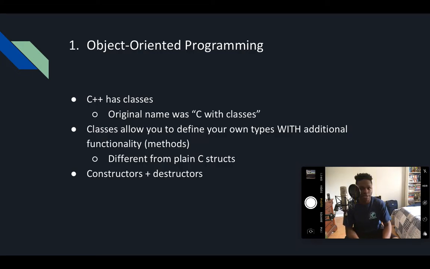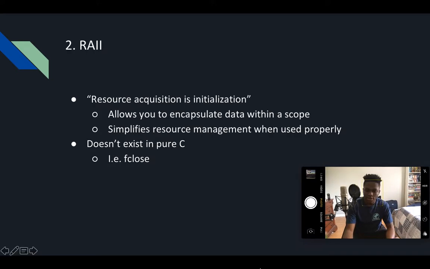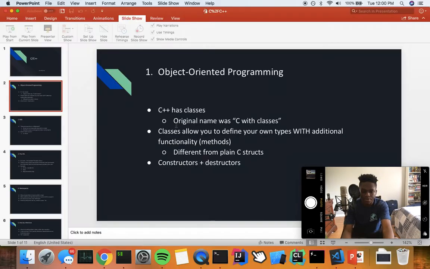Classes in C++ can also have what are called constructors and destructors. These are special methods that will either initialize or destroy an object when it goes out of scope or is deleted. So let's cut to the example.